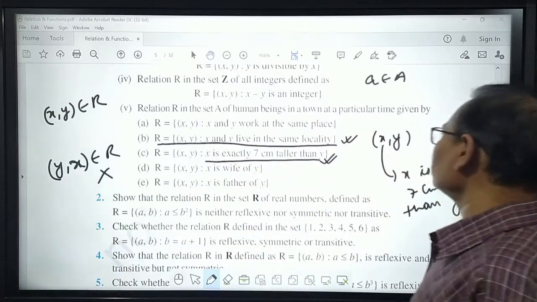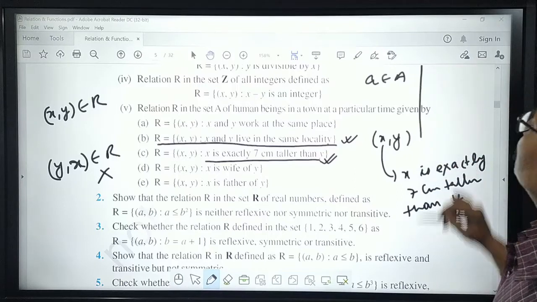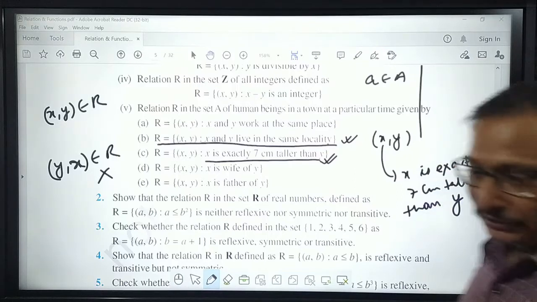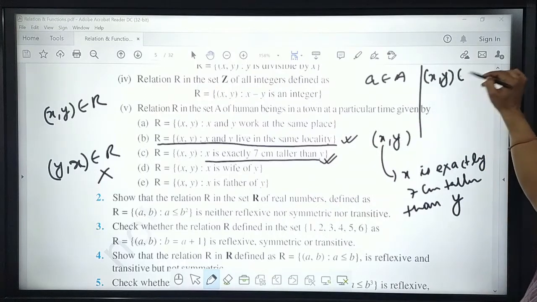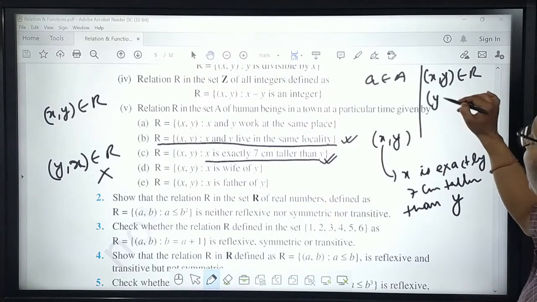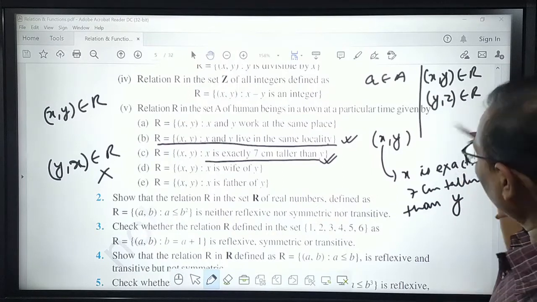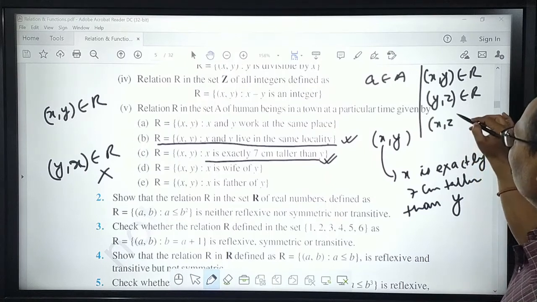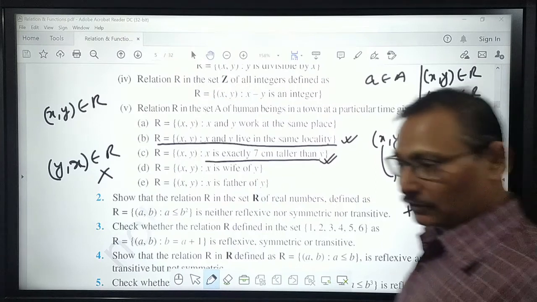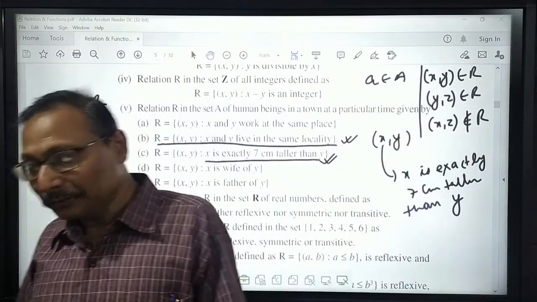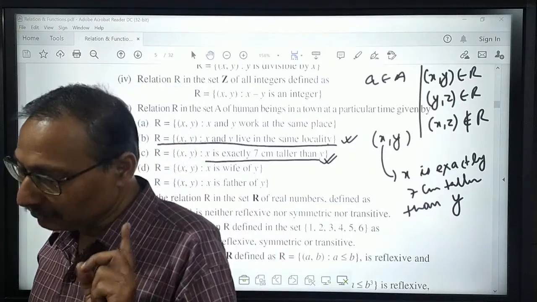Similarly, it cannot be transitive. In the process of checking transitivity, if we suppose that x comma y belongs to R and y comma z also belongs to R, then we cannot say that x comma z belongs to R. Because if x comma y belongs to R, that means x is exactly 7 centimeter taller than y.